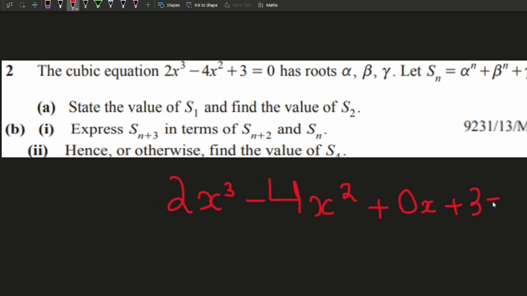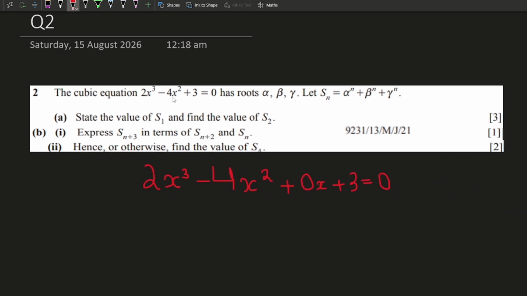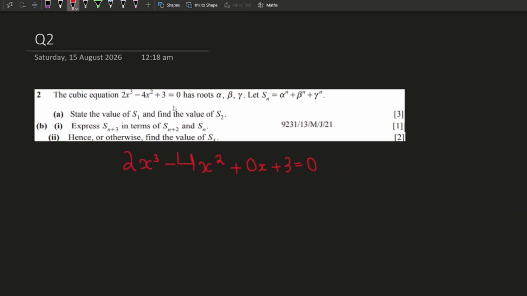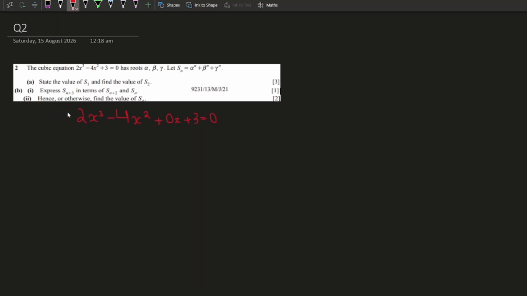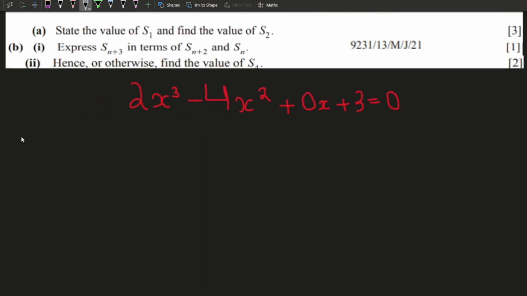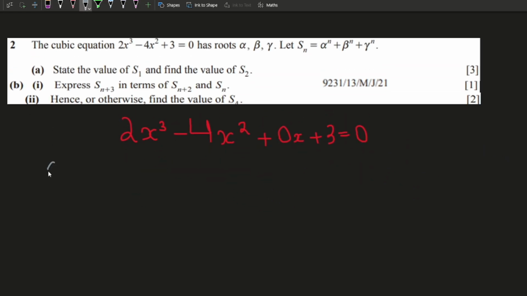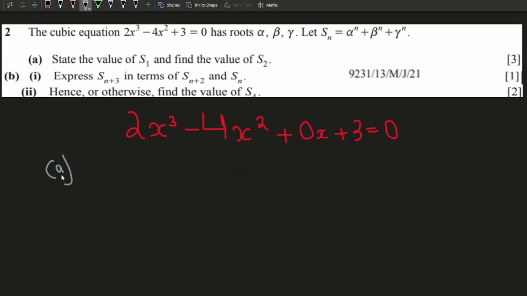Now we have added our x term. Since it's not there, it means the coefficient of x is 0. Okay, so this is our new equation which we will be using throughout the question. So part A is asking us to find the value of S1 and S2.